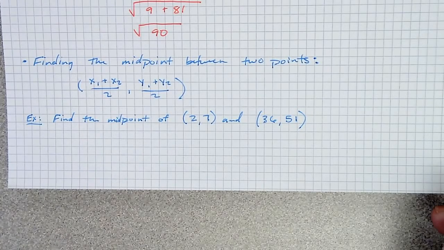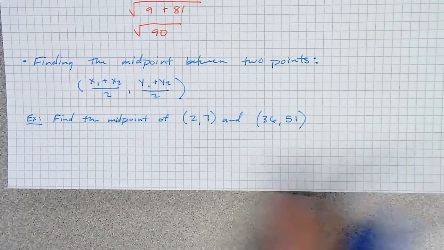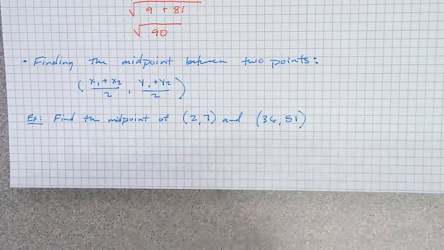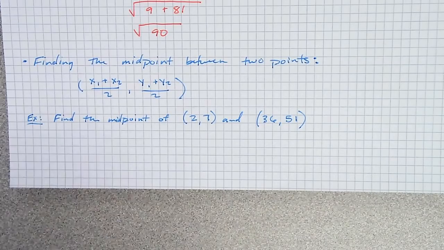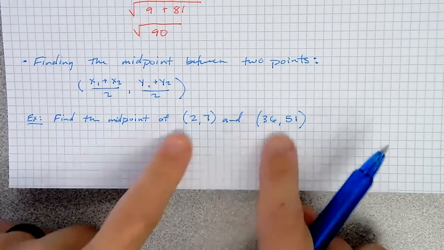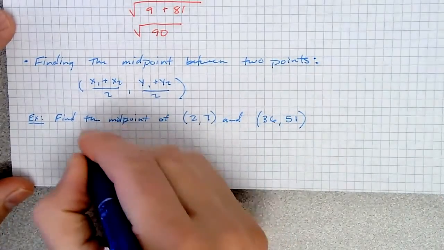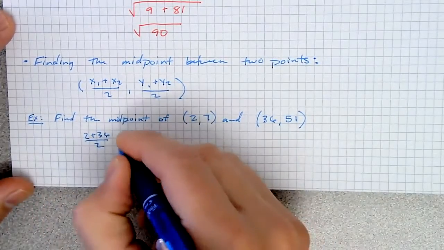All right, so we got all this. Want to find the midpoint of (2, 7) and (36, 51). Again, you're finding the average of your x values and the average of your y values. So you add the x values together, 2 plus 36, divide by 2.